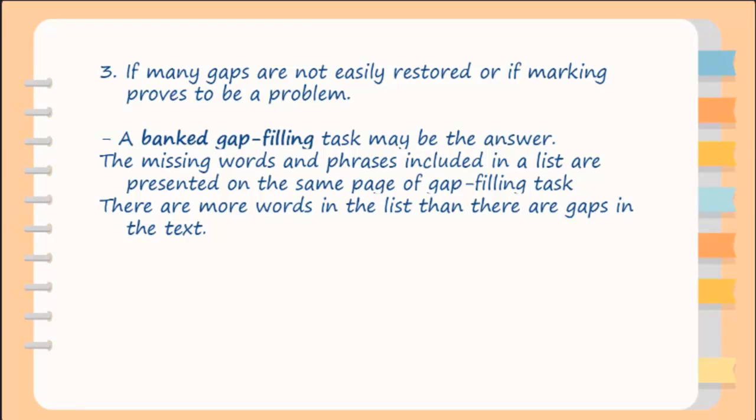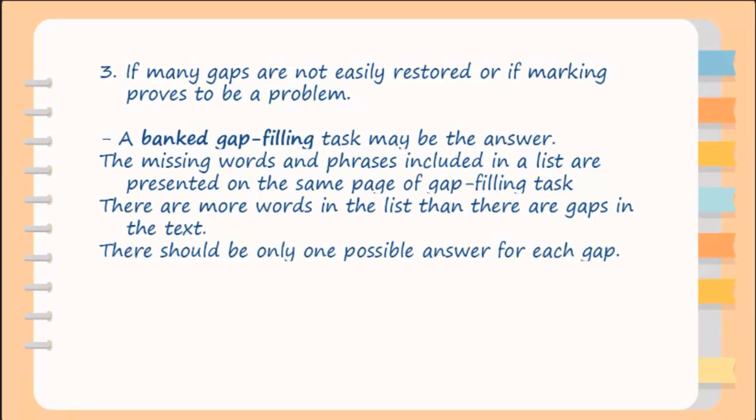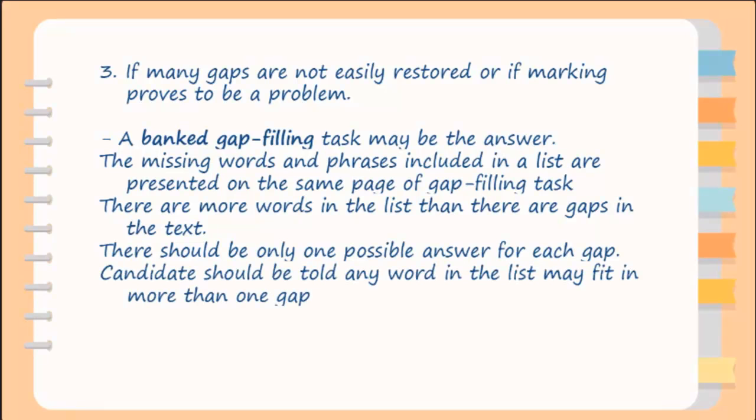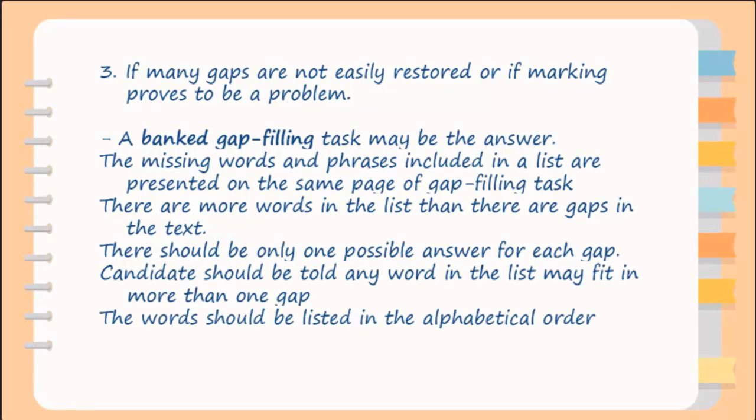There are more words in the list than there are gaps in the text, and there should be only one possible answer for each gap. The candidate should be told any word in the list might fit in more than one gap. And the words should be listed in alphabetical order.